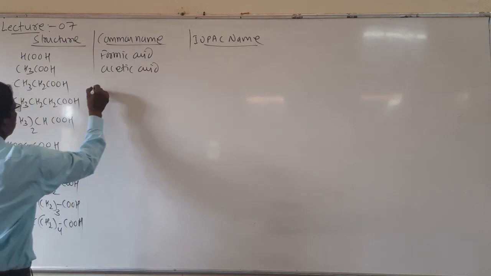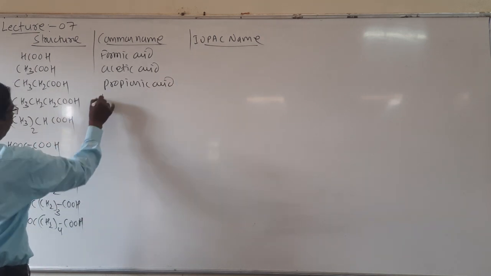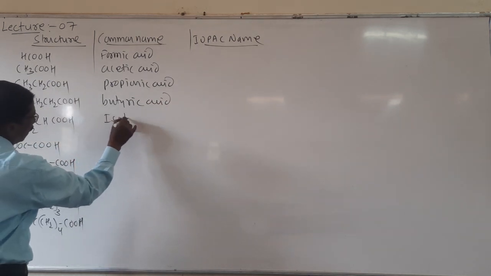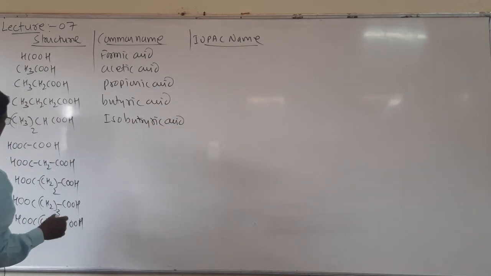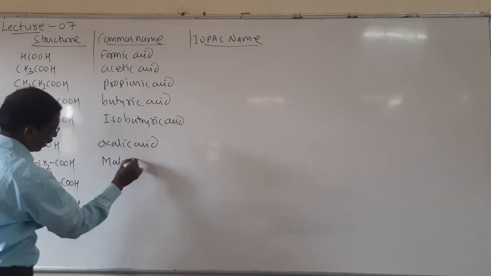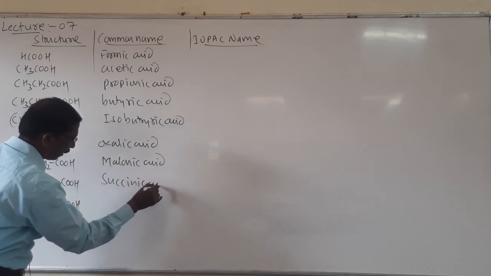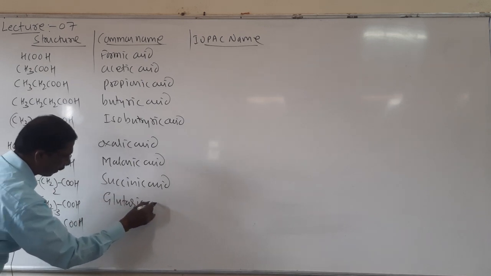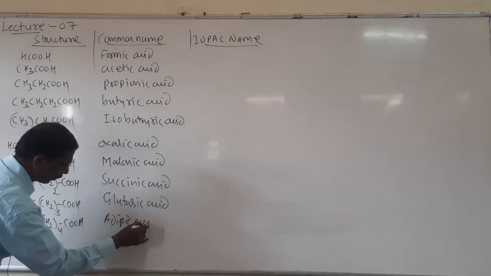Acetic acid, propionic acid, butyric acid, and then isobutyric acid, and then oxalic acid, malonic acid, then succinic acid, then glutaric acid, and then adipic acid.